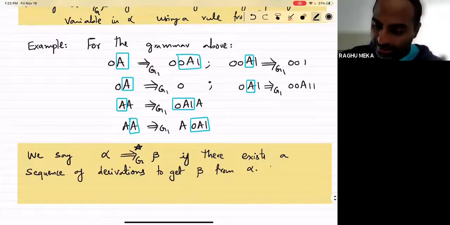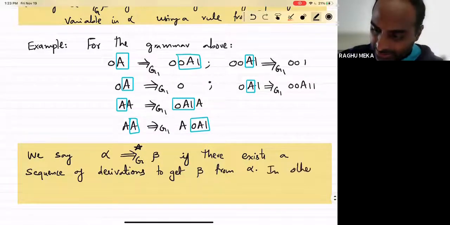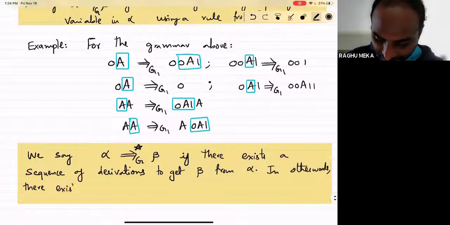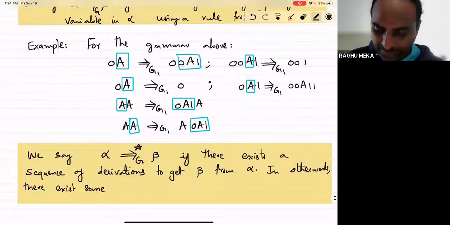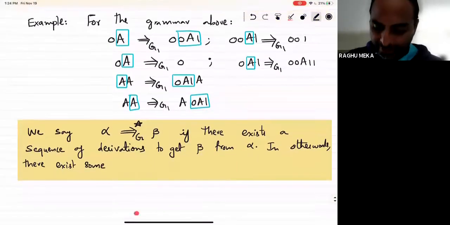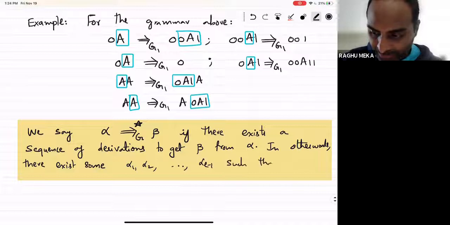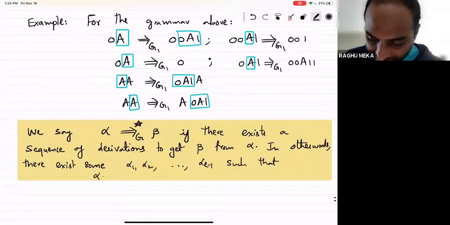In other words, there exist some alpha 1, alpha 2, up to alpha L minus 1, such that I'm basically chaining things.